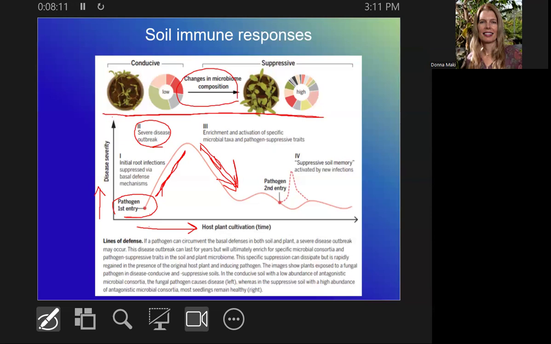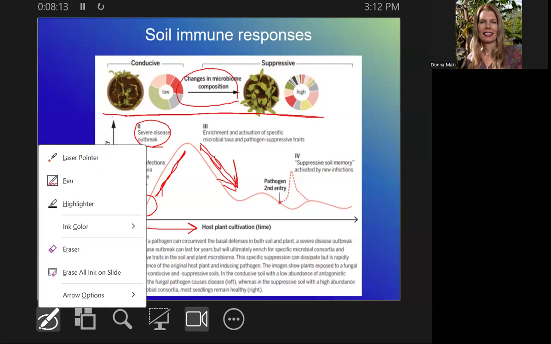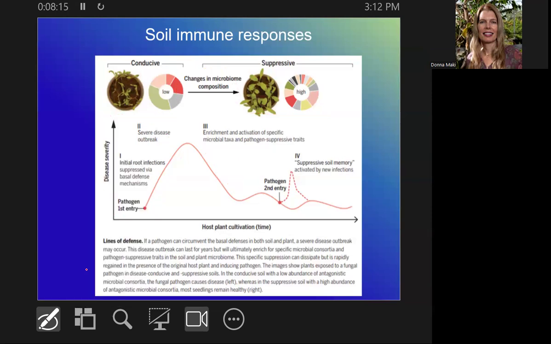And then if it does convert to a suppressive soil system, and that pathogen gains entry again to that field, the same pathogen, not a different one, the same species like the potato scab pathogen, and those plants get exposed to that, you can see that the disease severity is very, very mild.